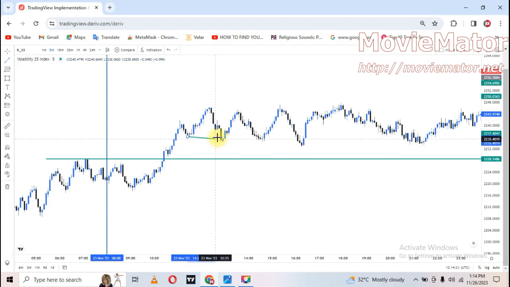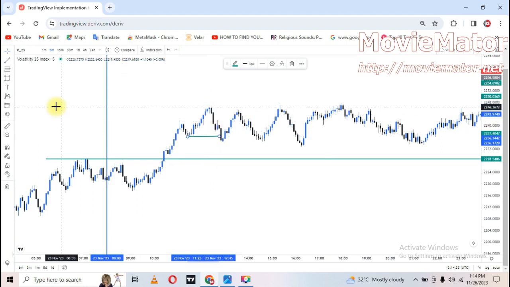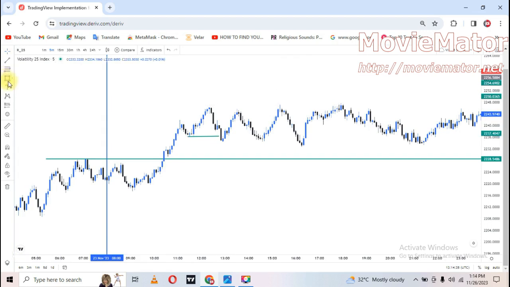Okay, this is our change of character with displacement. Look, there's a fair value gap, there's also another one, and then there's an order block here. So all you've got to do is mark your order block here, right?